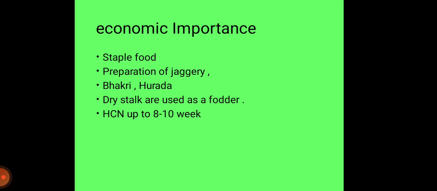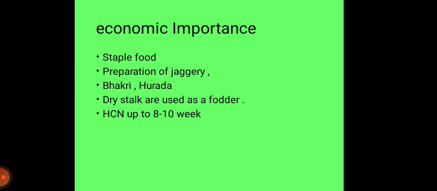Now we discuss the economic importance of the sorghum crop. Sorghum is the staple food, with fourth rank among major food grains and third rank in India after rice and wheat.